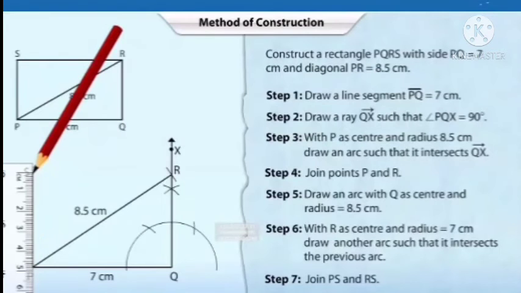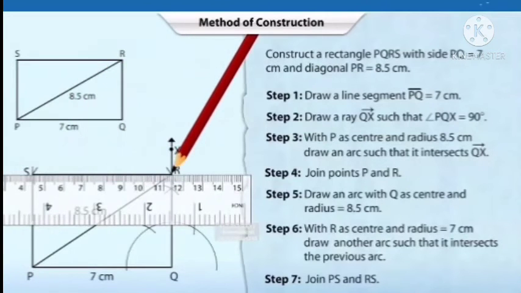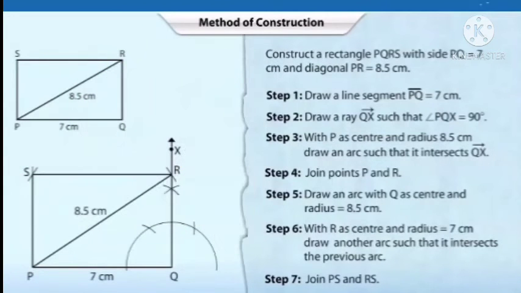Finally, join points P, S and R to get a rectangle PQRS.